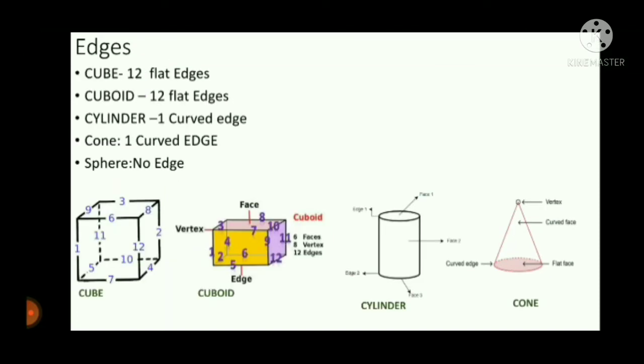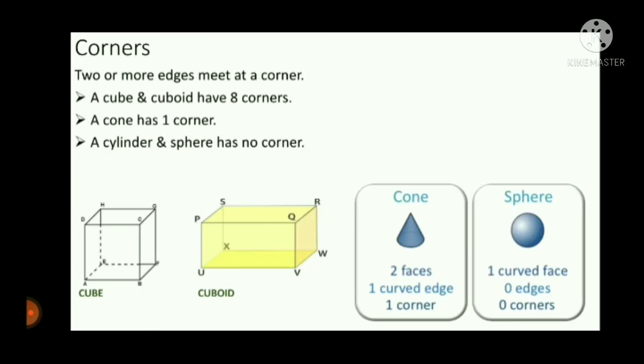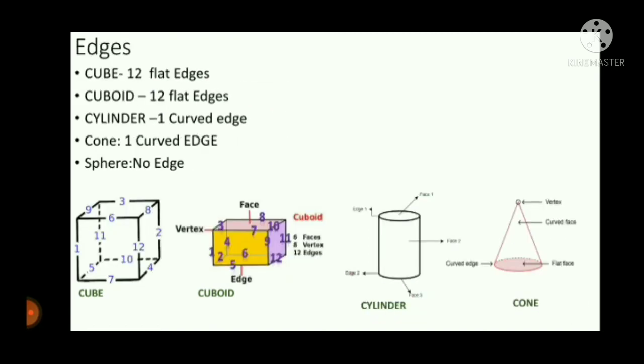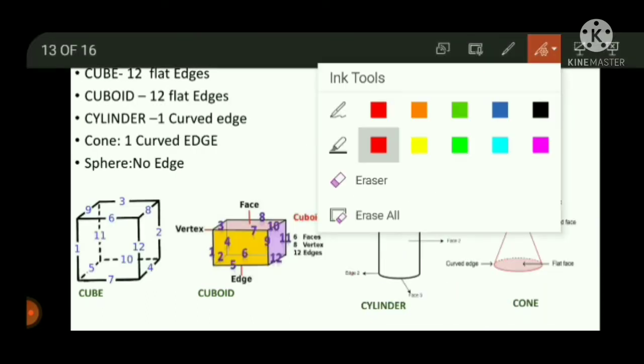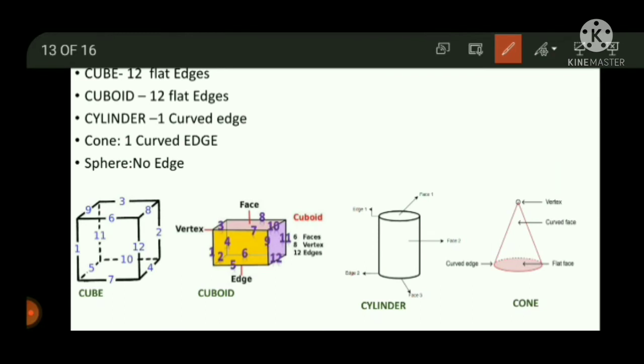So a cube has 12 flat edges. Let us look at this picture. See, the edges are mentioned here. 1, 2, 3, 4, 5, 6, 7, 8, 9, 10, 11 and 12.